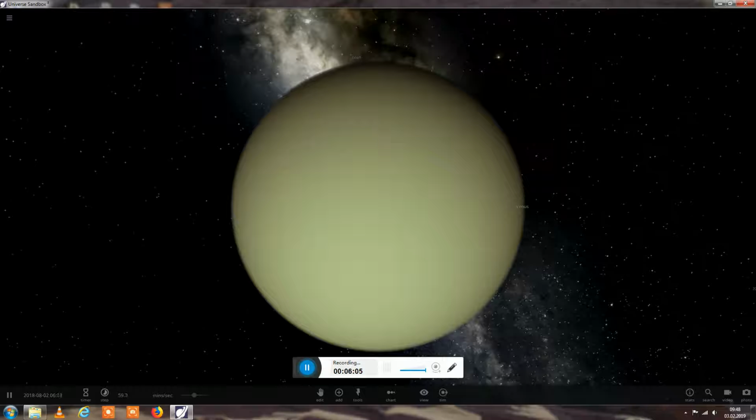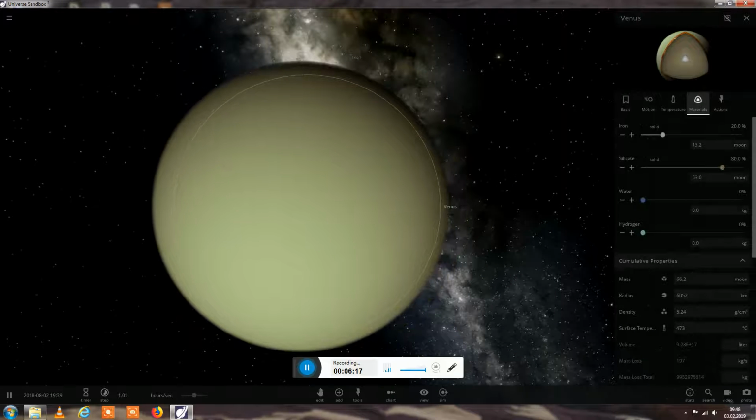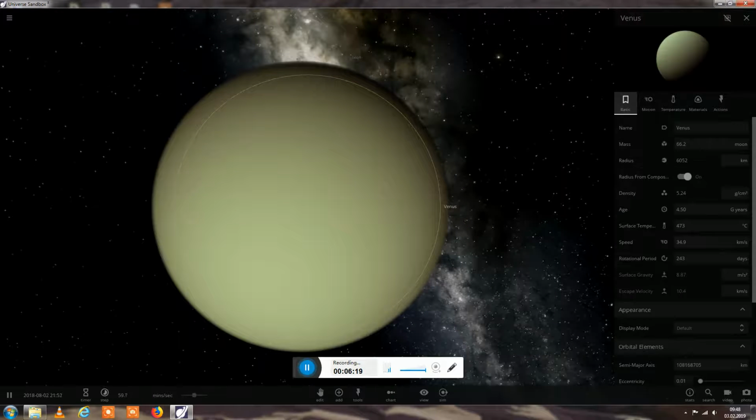Now, as you know, Venus here is almost the same size and mass as Earth.